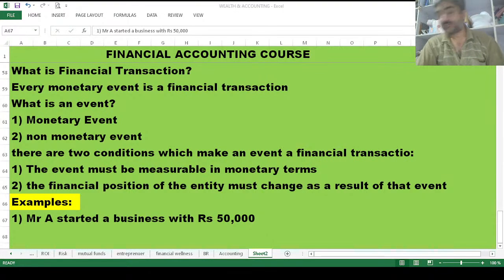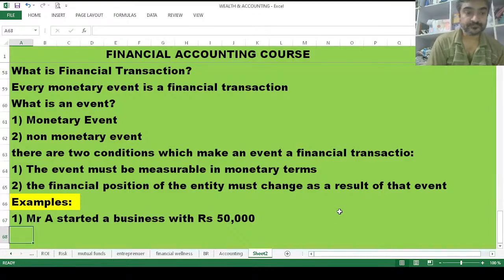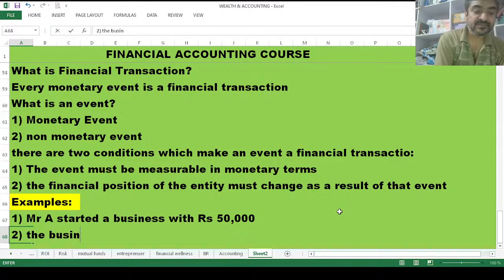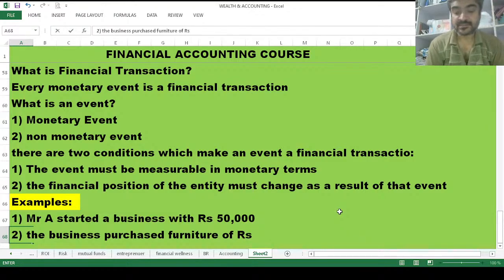Okay, now let's consider another example. The business purchased furniture of rupees, let's say it's 15,000.